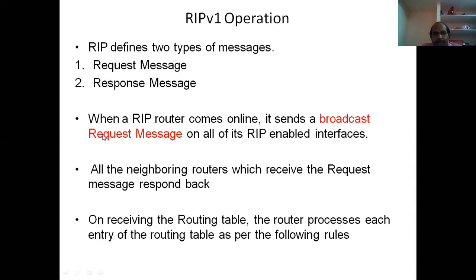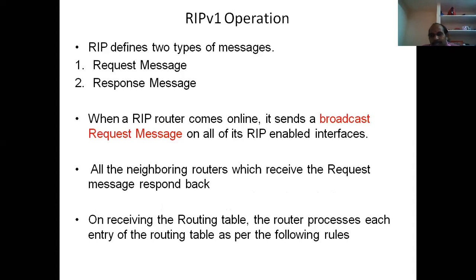When it comes to operations, there are two types of messages transferred from source to destination: the request message and the response message. To find the shortest path, the router first identifies its neighboring nodes.